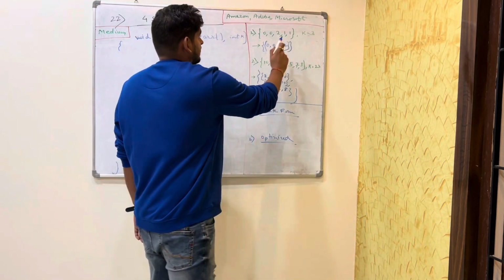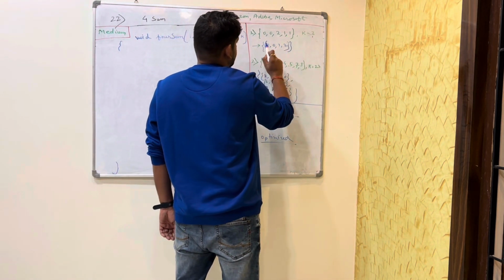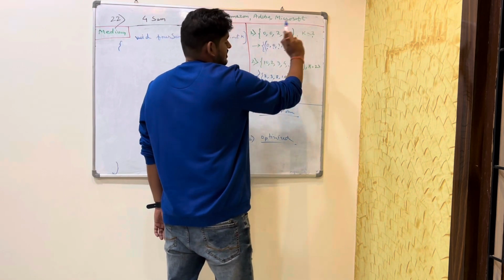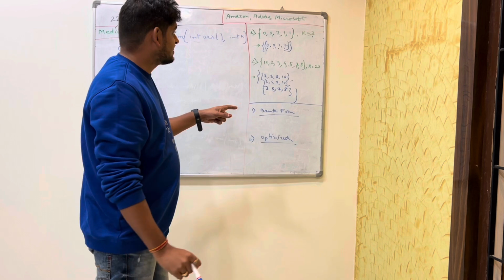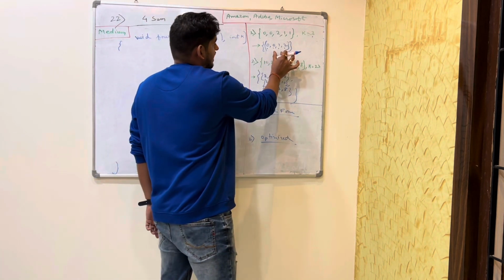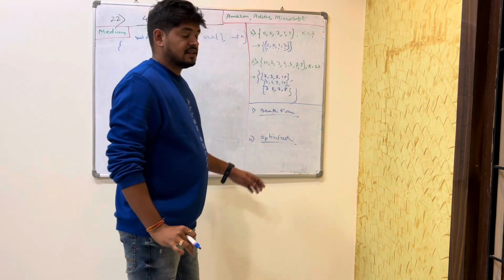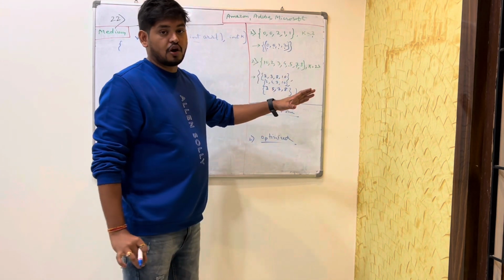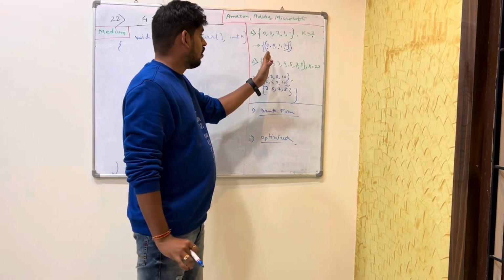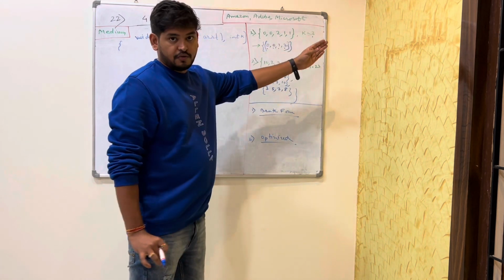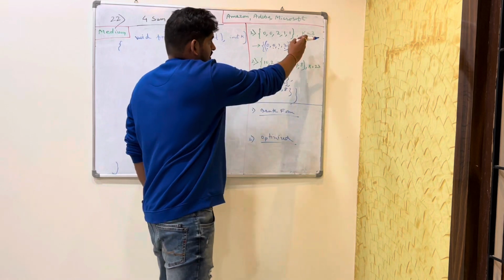For example, here k is 3, so we can see that the sum of 0, 0, 1 and 2 is 3. The other condition is that the arrays of elements whose sum is equal to 3 should not be the same. It means we need to return all the unique elements whose sum is equivalent to the value k.